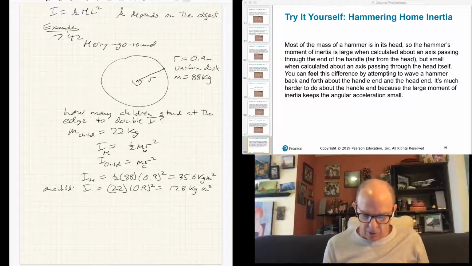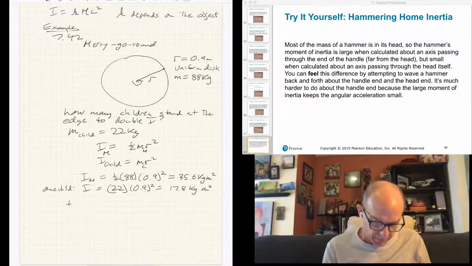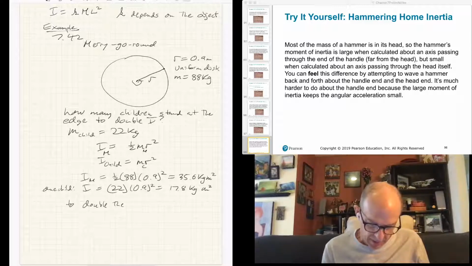I need to double the total. To double the moment of inertia, I need to get an additional 35.6.